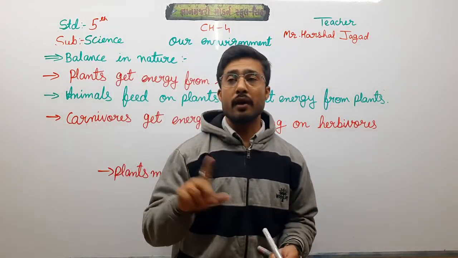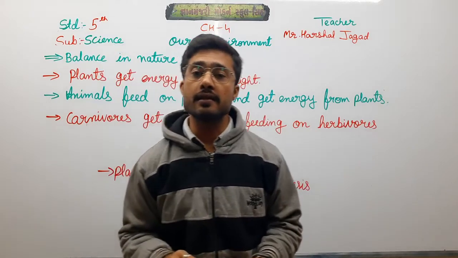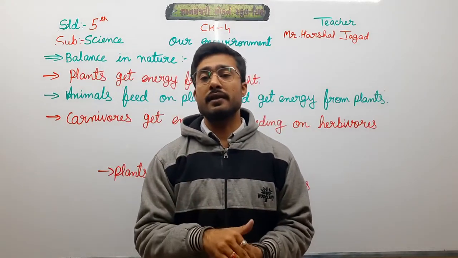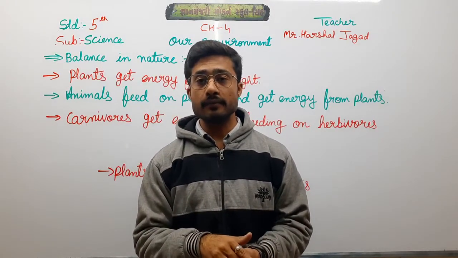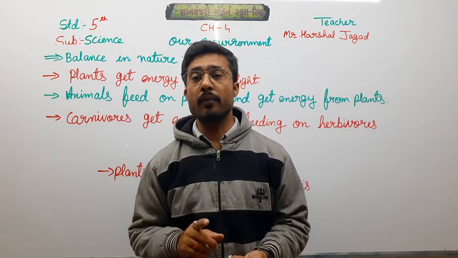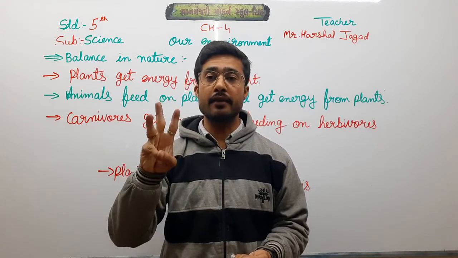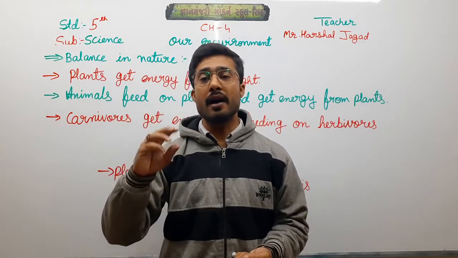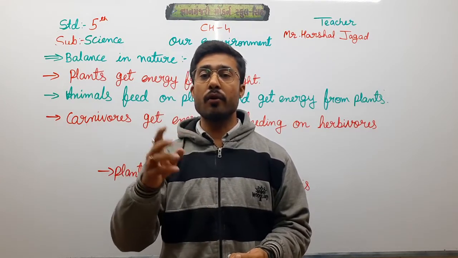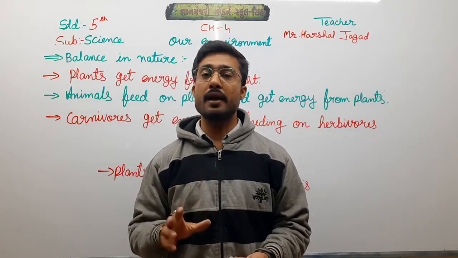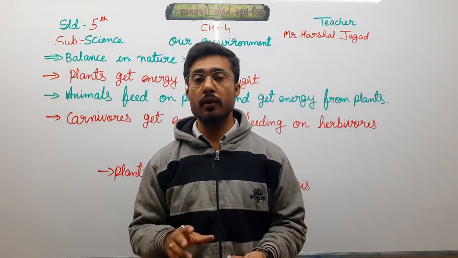Okay, so what is first of all the photosynthesis process? तो photosynthesis process की बात करें, so with the help of sunlight, water, carbon dioxide from air, plants produce their own food. Okay, plants produce their own food.